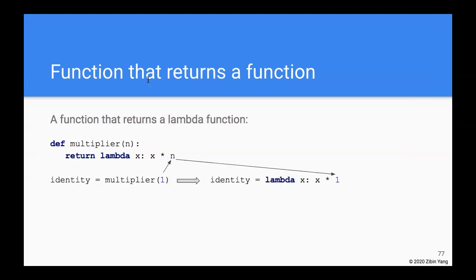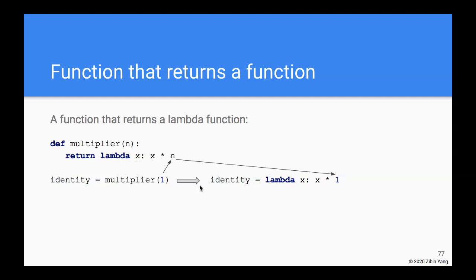So to write the identity function, it is just multiplier with the argument of 1. So this 1 is assigned to the parameter n, and what it returns is a lambda x multiplied by 1, right?